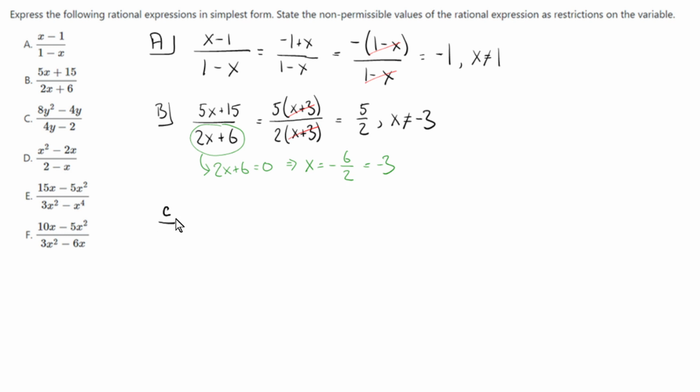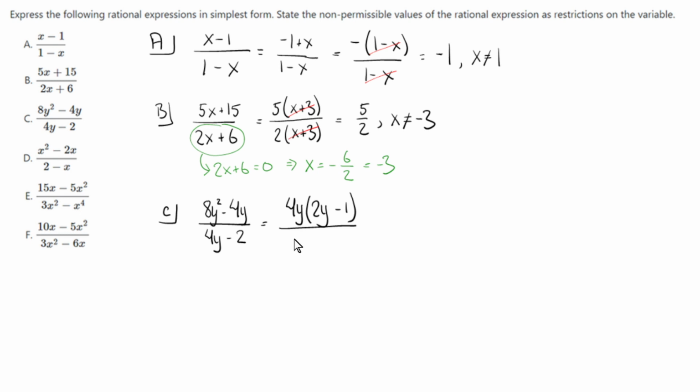In C, now we have 8y squared minus 4y divided by 4y minus 2. Again, we're going to factor out the greatest common factor in the numerator and the denominator. In the numerator, the GCF is 4y, leaving us with 2y minus 1.